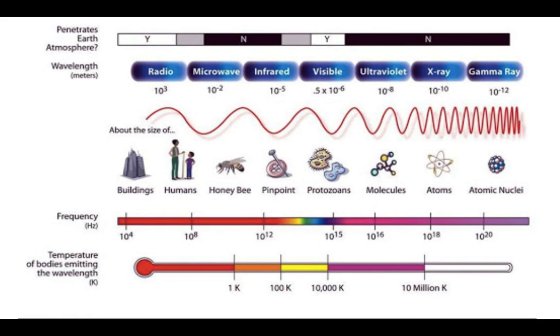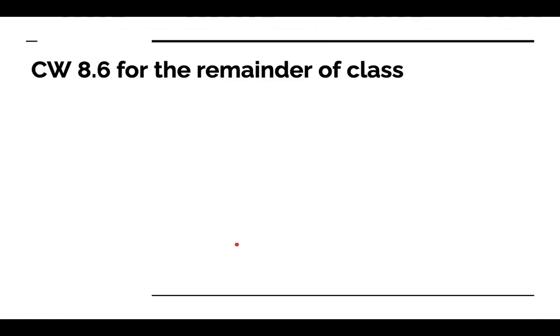But if you go down that line, that's where you'd end up: 1899, Max Planck, and 1905, Albert Einstein. This is how you'd relate temperature to frequency and energy of an electromagnetic wave. All right, and that is 8.6, our last topic for Unit 8.